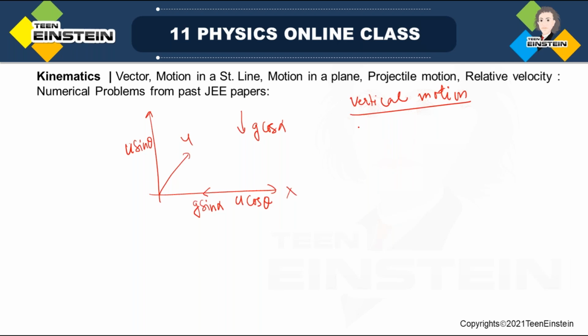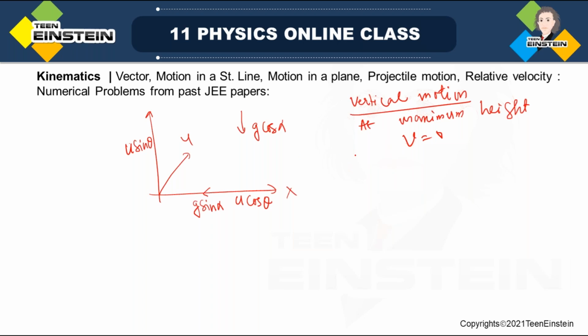So in the vertical direction, at the maximum height, I'm just trying to derive the formula for the range. Okay, at maximum height, velocity will be 0, v will be 0.